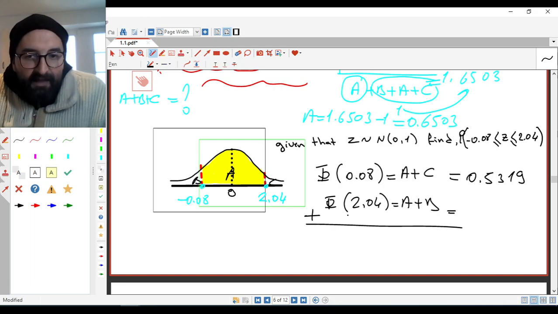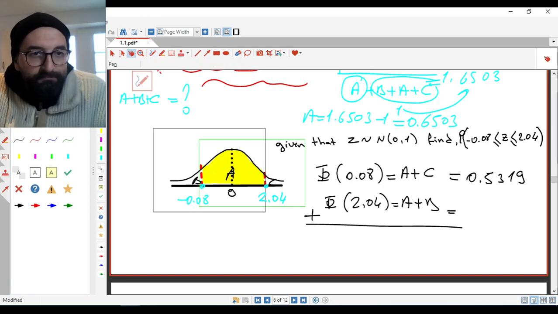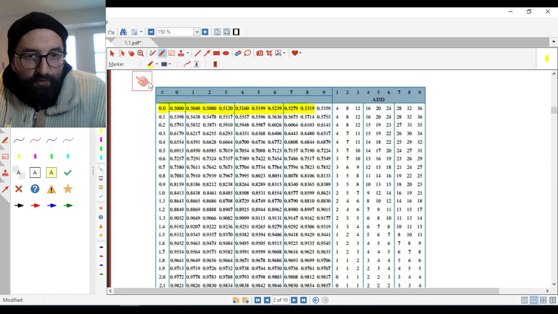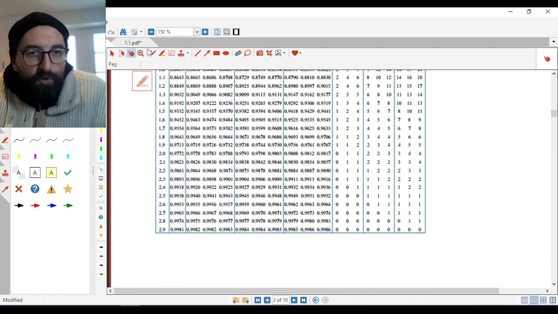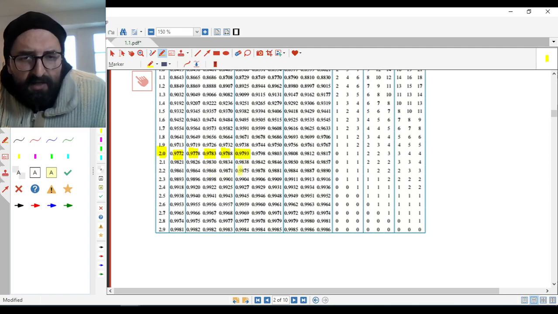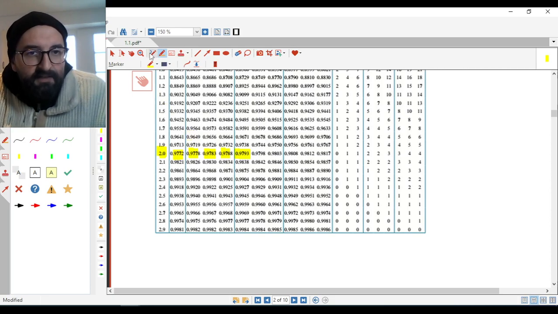And 2.04: 2.0 here, 2.00, 2.01, 2.02, 2.03, 2.04, 0.9793.